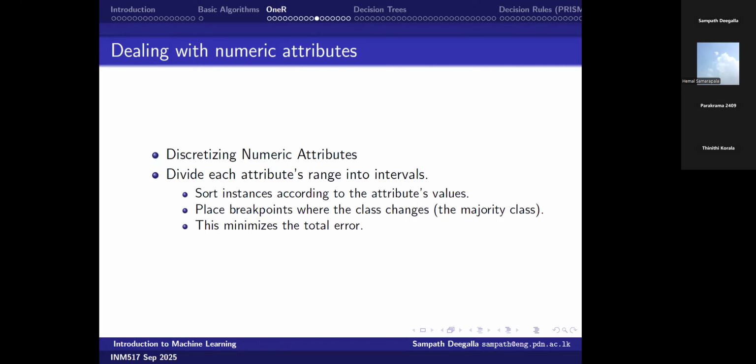But what about if we have numeric attributes? That's what we are going to do. So one simple way to handle this issue is you can identify some ranges of values and we can follow the same procedure as earlier. Right. And then the problem is how do you find these ranges? So that's what I'm going to discuss first.